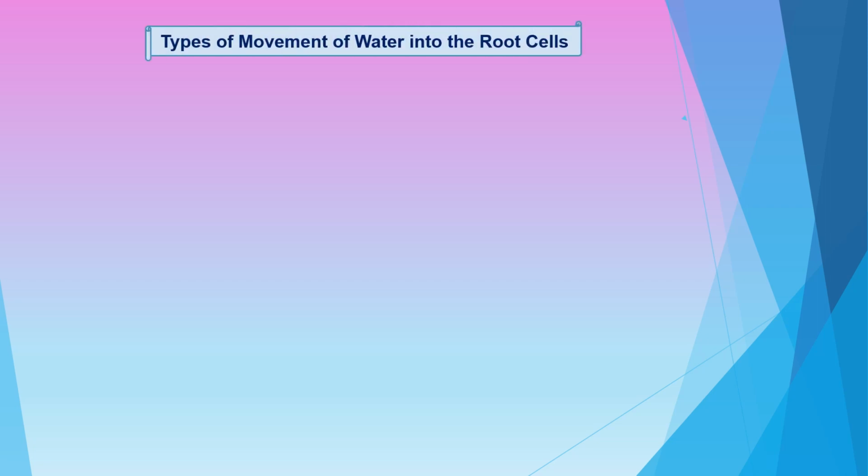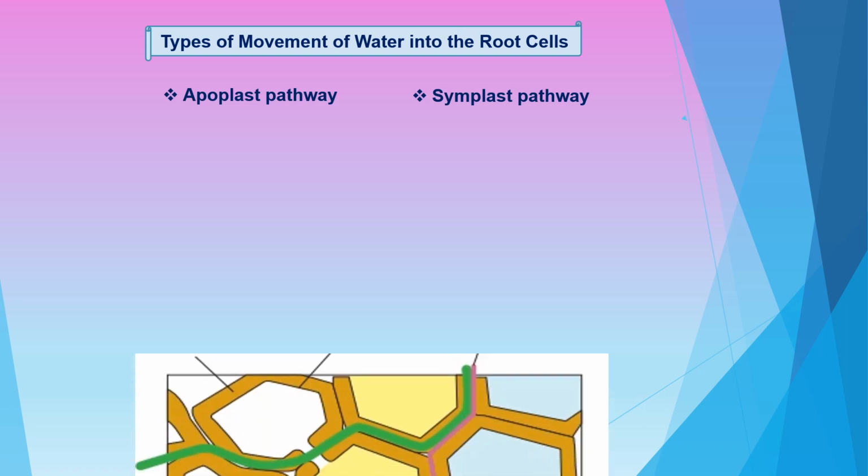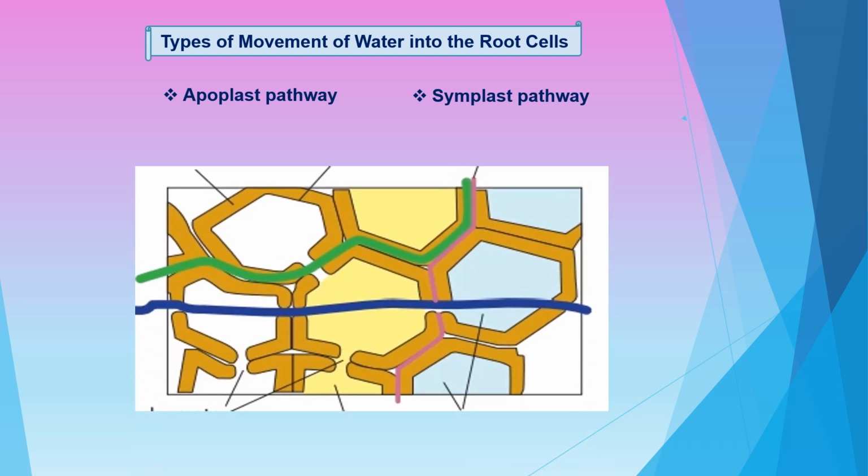Now let's see types of movement of water into the root cell. Types of movement: apoplastic pathway and symplastic pathway. First one is the apoplastic pathway.